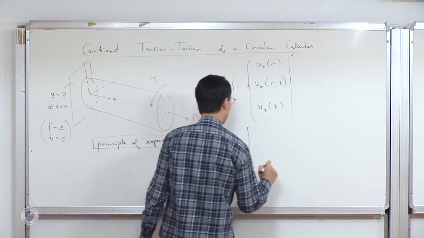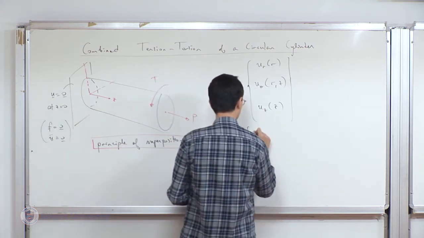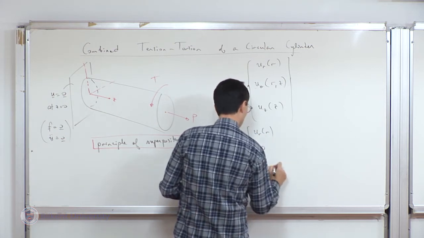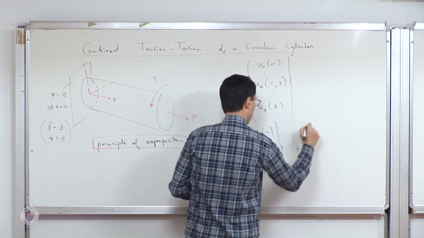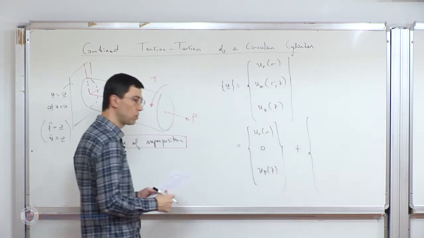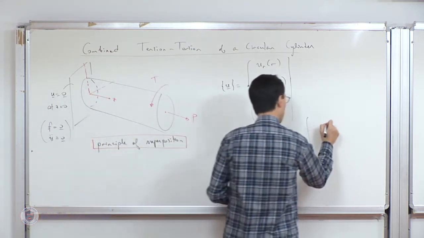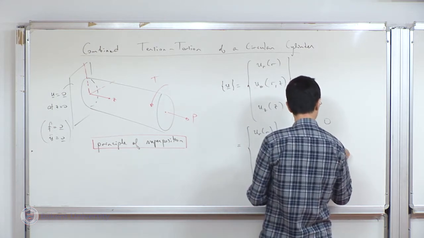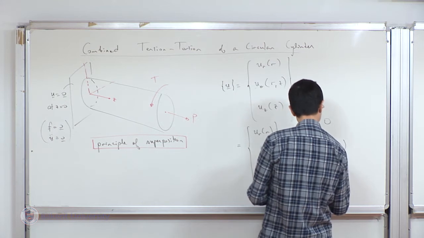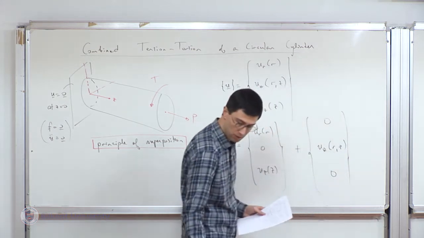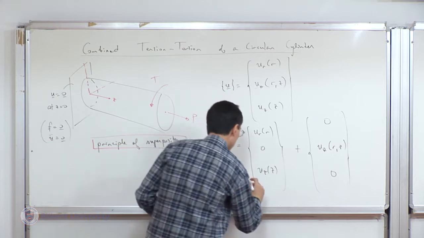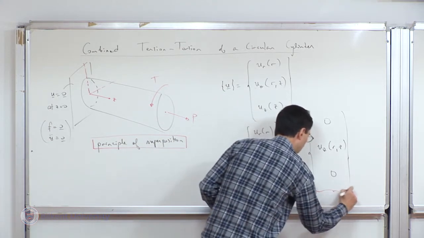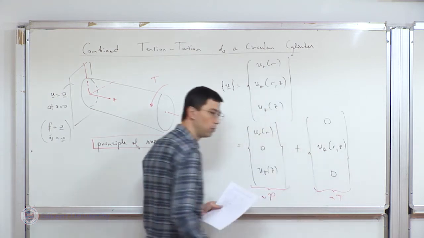For these two problems, I obtained two solutions. So for instance, the tension problem concerns the radial and the axial parts of the displacement, and the angular displacement, the tangential component u theta, is associated with the torsion component. So that has to do with P, and this one has to do with the torque.